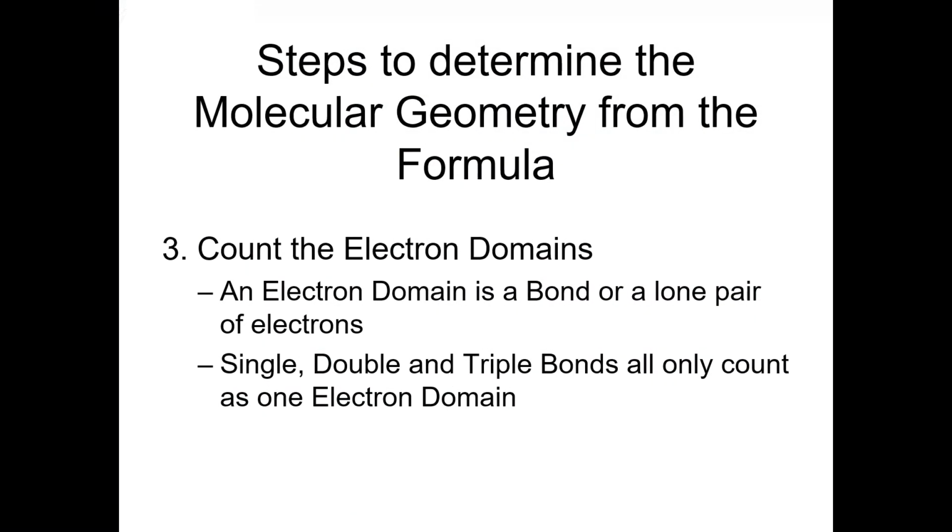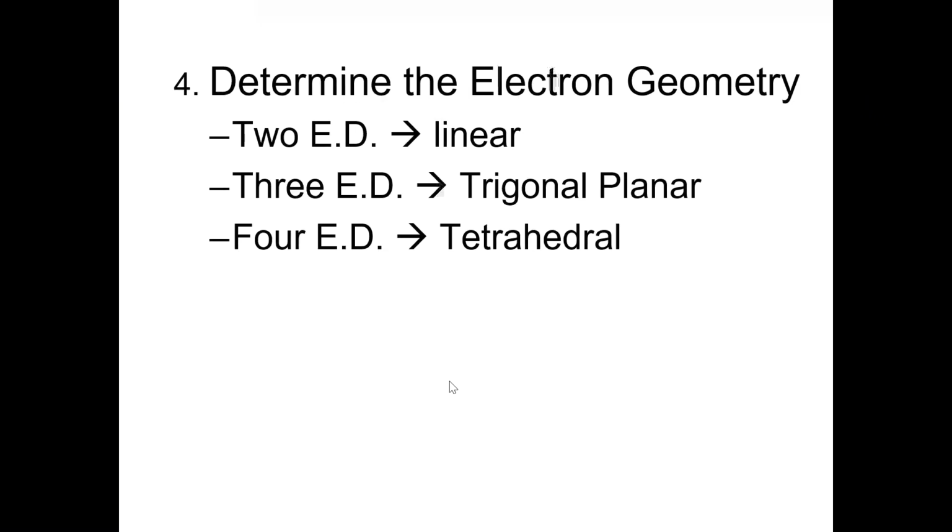We may have 2, we may have 3, we may have 4. Come to AP chemistry, we might have 5, might have 6. But we're going to focus on whether we have 2, 3, or 4. And then from that, we'll determine what our electron geometry is. That means, assuming everything is the same, what is that geometry going to be?